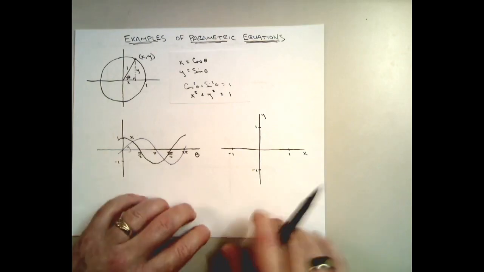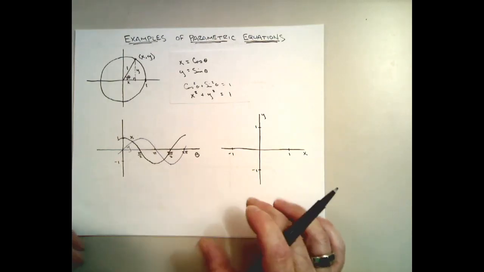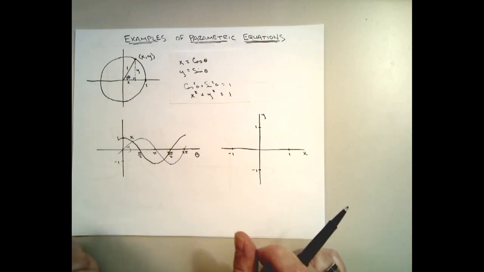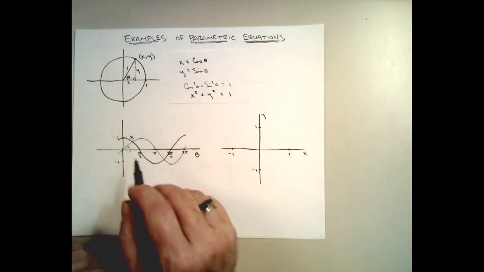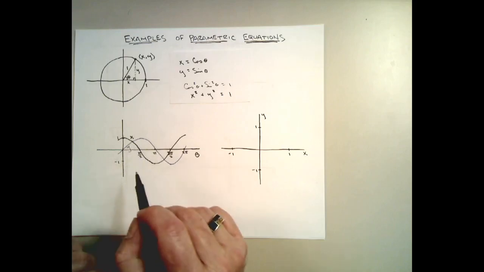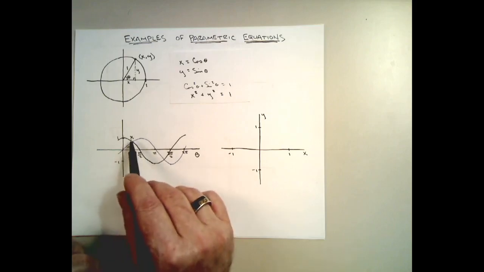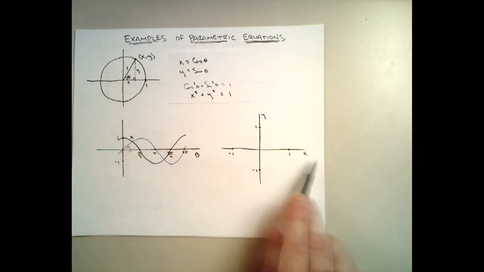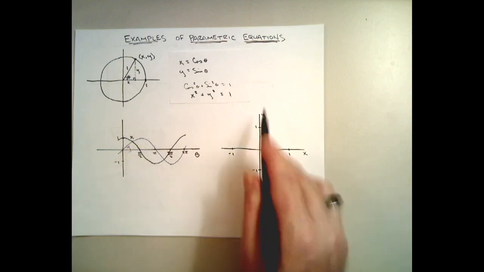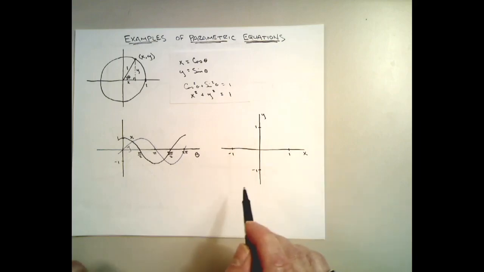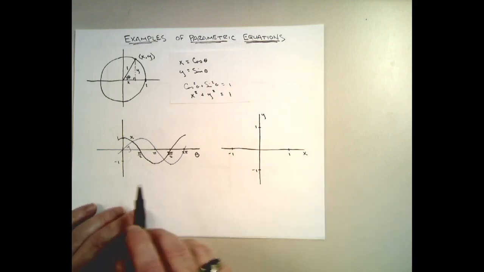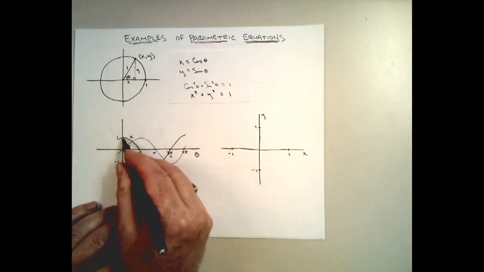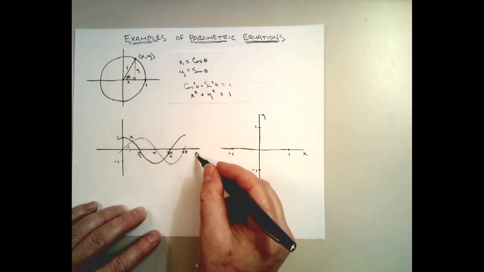I like to describe this in terms of Etch-a-Sketch geometry. I'm looking at X values, which describe horizontal distance, and Y values, which describe vertical distance. I'm starting at some point. Here, X is 1 whenever theta is 0.